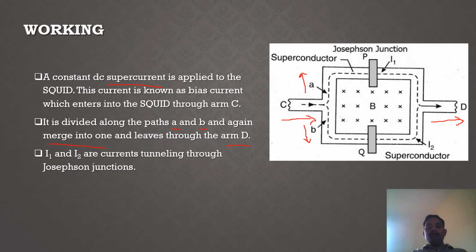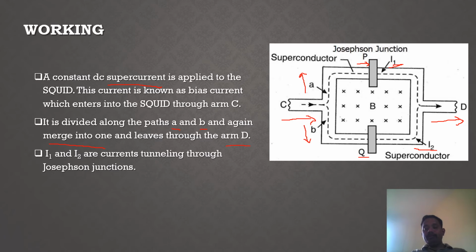Next point: I1 and I2 are the currents tunneling through the Josephson junctions. From path A, whatever current passes through junction P, and after that junction we get a current, we consider it I1. The current passing through path B, after it crosses junction Q, whatever current comes from junction Q we call current I2.